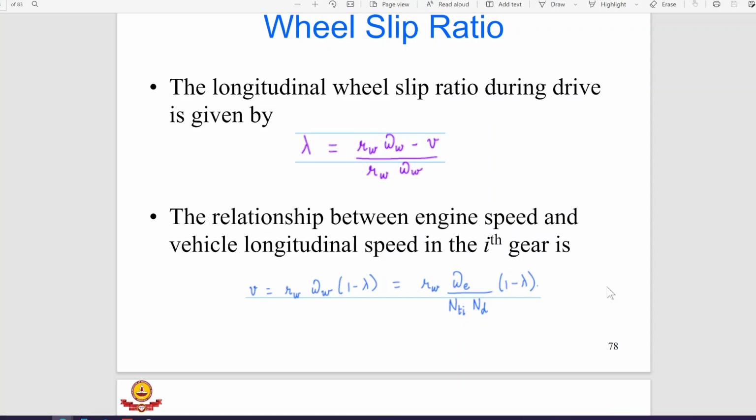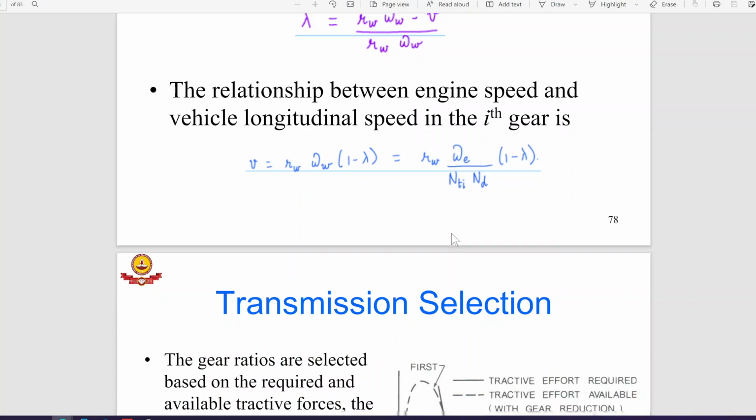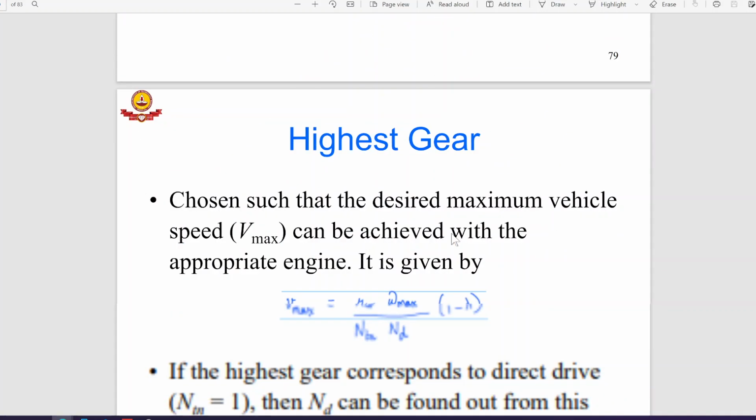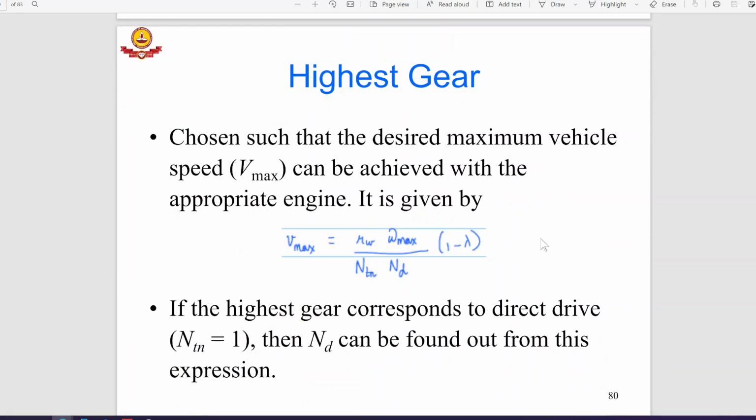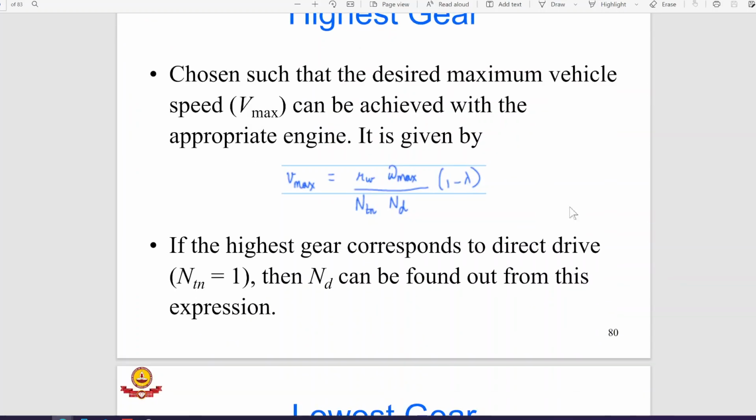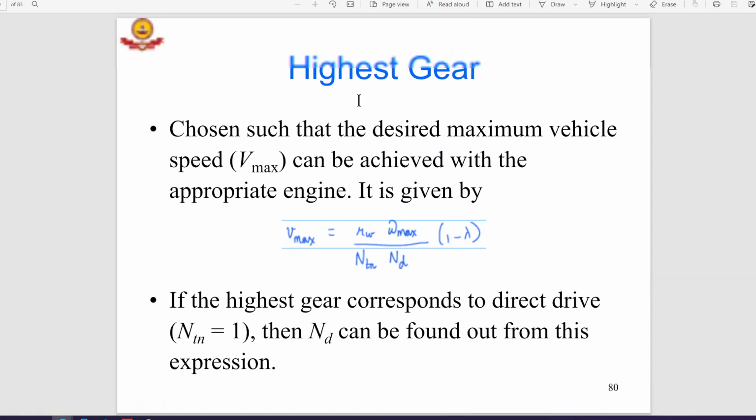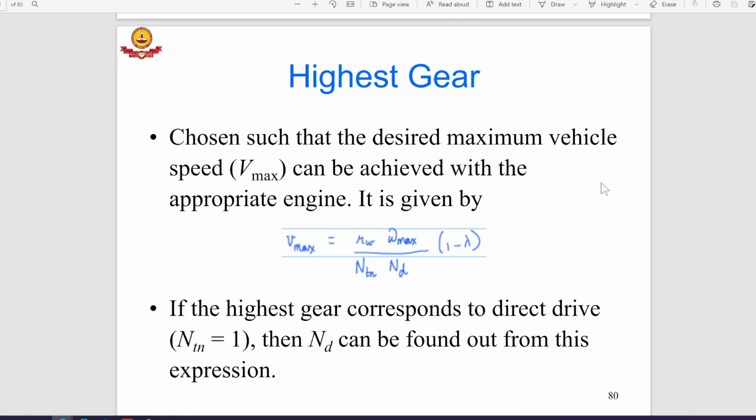So for the ith gear we have NTI into ND. The highest gear is chosen in a way that the desired maximum vehicle speed can be achieved with an appropriate engine.